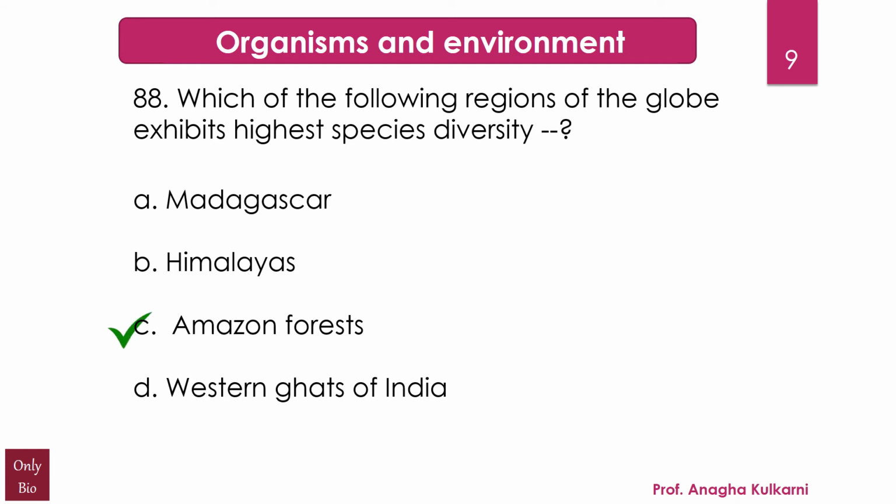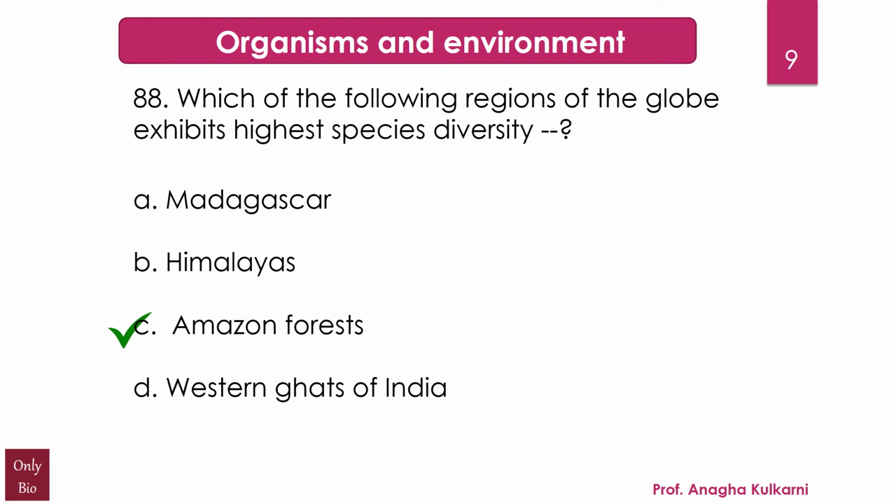Amazon forests. Friends, species diversity is greatest in the tropics, particularly in the tropical forests and coral reefs. The Amazon basin in South America has the largest area of tropical forests. Now, there are reasons why there is species richness in this particular area.